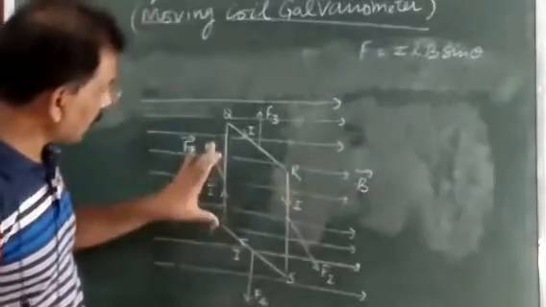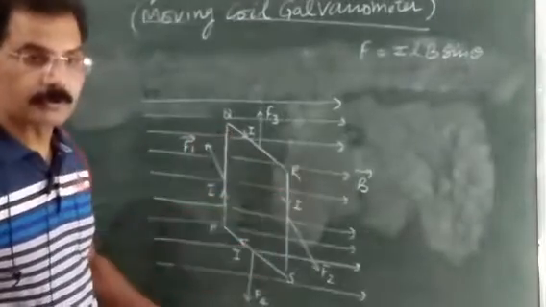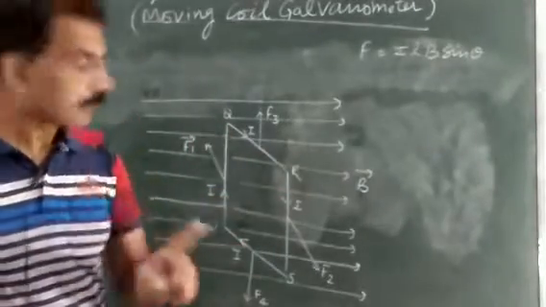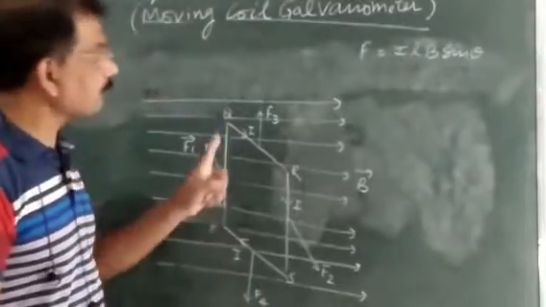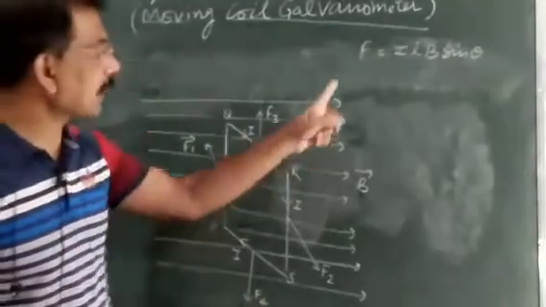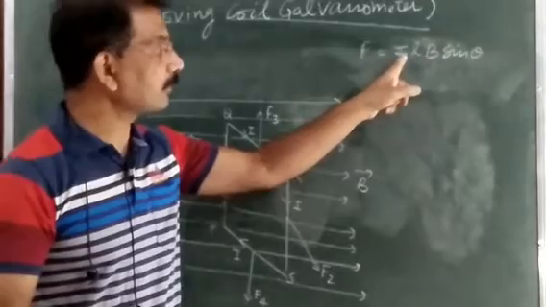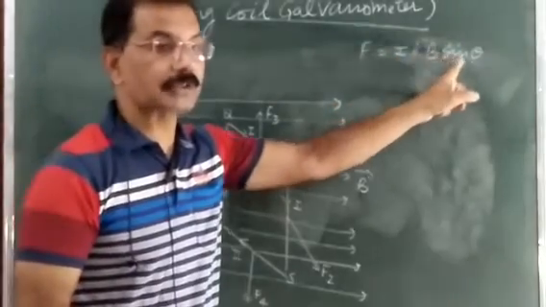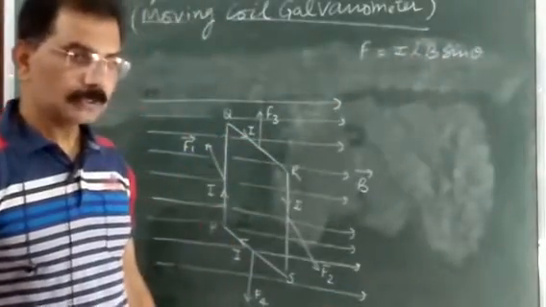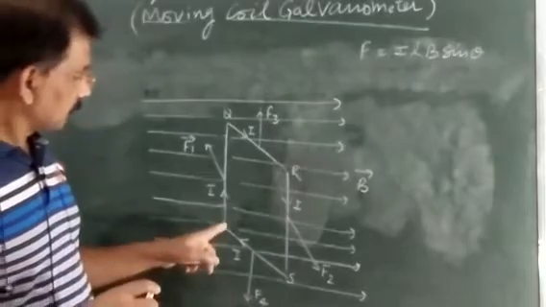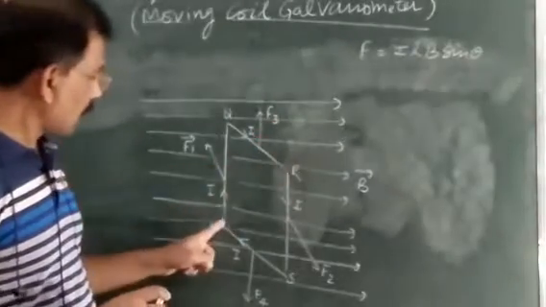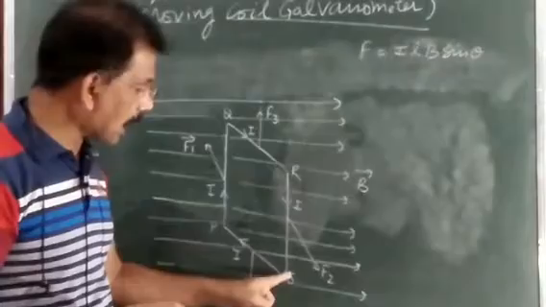So when you consider this PQRS to be a current carrying loop placed in this uniform magnetic field B, then each side of the loop experiences a force. Each side of this loop will experience a force whose magnitude is F is equal to ILB sin theta. And the magnitude of the force on this PQ and RS.